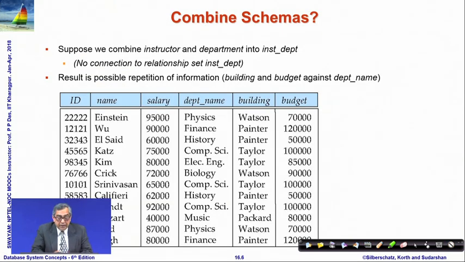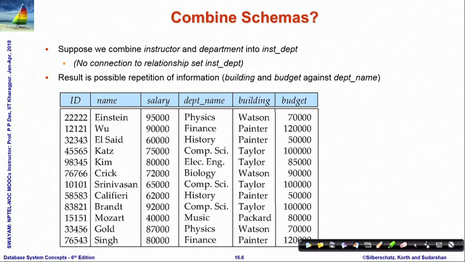If we look at the inst dept, we know from the earlier information about the department relation that department name is a primary key of the relation which has department name, building and budget.